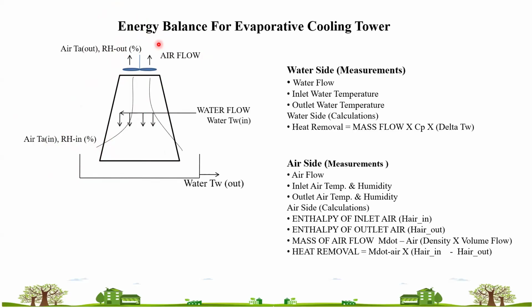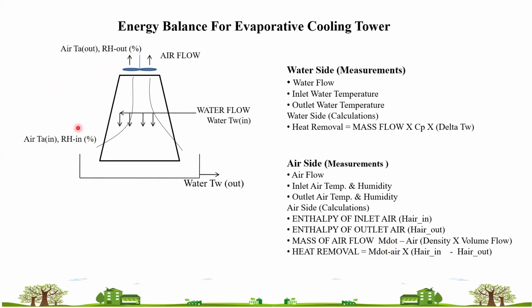Energy balance means water side heat is getting rejected to the air side. So energy is neither created nor destroyed, it is transferred from one medium to another. So heat removal from the water side has to be equal to the heat accepted by the air side. So how is it calculated?